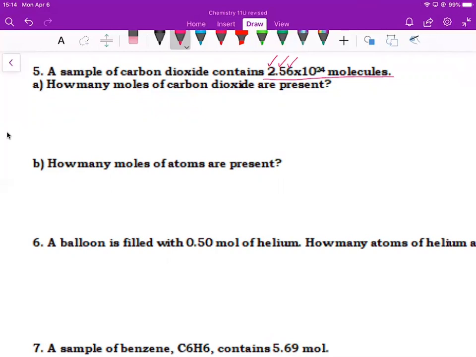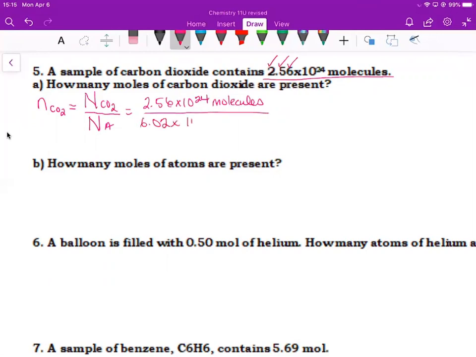I'm looking for little n of carbon dioxide, which is going to be big N, the number of carbon dioxide particles, or molecules, divided by Avogadro's number. So 2.56 times 10 to the 24 molecules over 6.02 times 10 to the 23 molecules per mole.